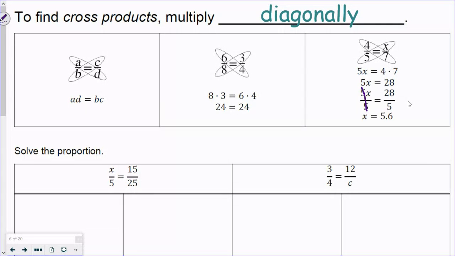Then I just take my 28 and divide by 5 to get 5 6/10. Not every time are you going to get an integer. There are times you're going to get decimals with this, so make sure you pay attention to your products and division.